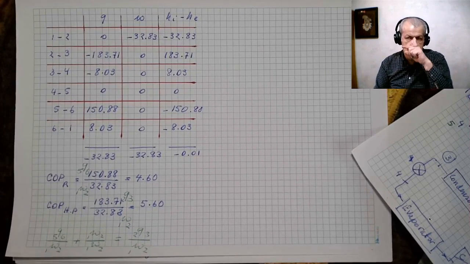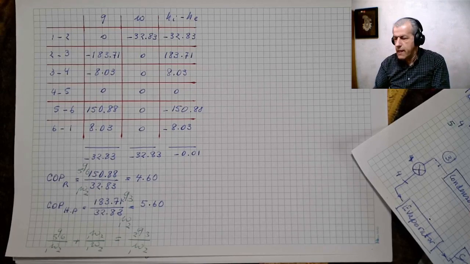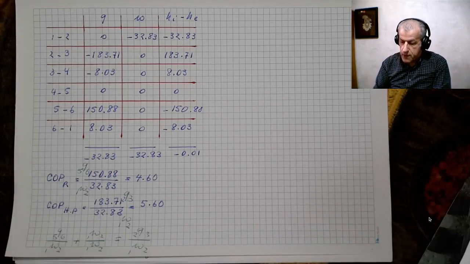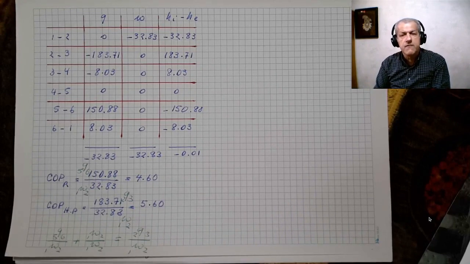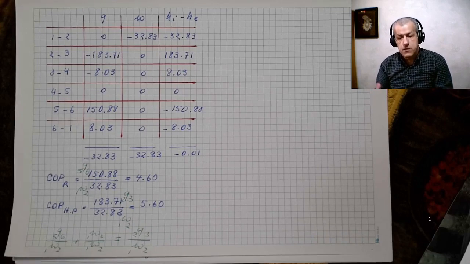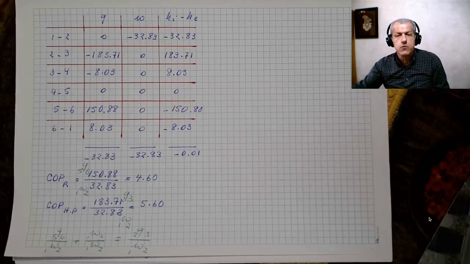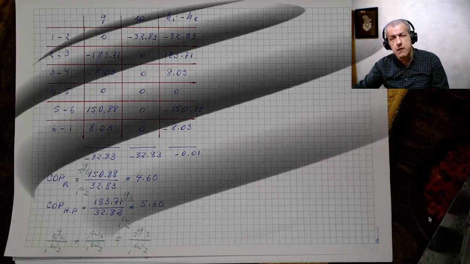This could be easily shown, and the outcome is just a 1 difference between the coefficient of performance of each of these two cycles. It is the same cycle, just our targets would be different, whether it is a heat pump or a refrigeration cycle. Well, thank you very much for watching, and cheers.